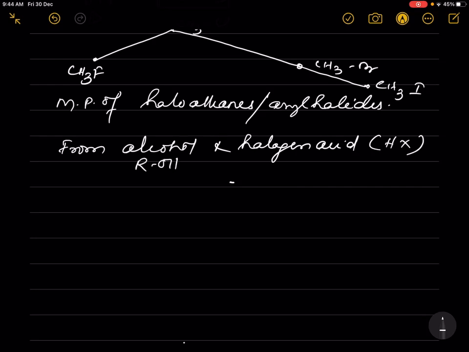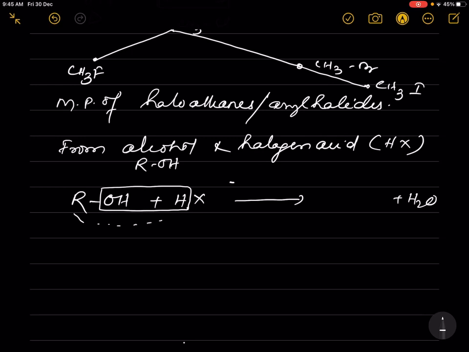Alcohol means ROH. You see, this is alcohol treated with HX, which gives water, then R combines with X to give RX. This is an alkyl halide, or you can say haloalkane.